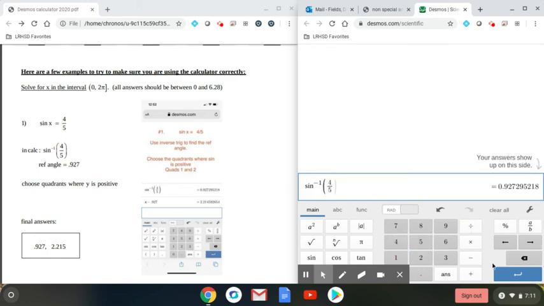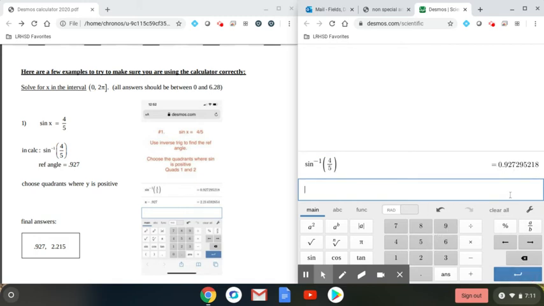Once you have that, it actually shows you right here, but you can hit enter, and that gives you your reference angle. In this case, our reference angle ends up being 0.927.